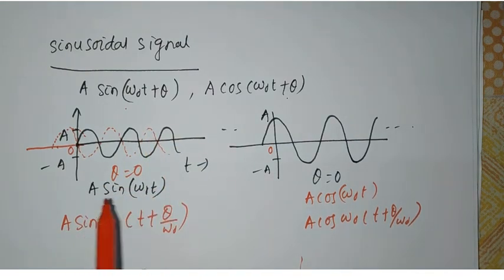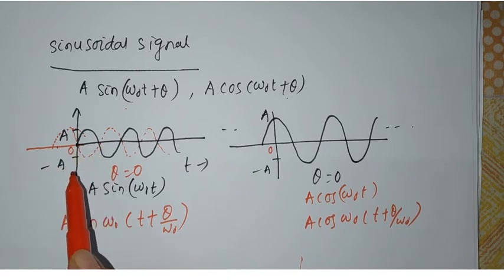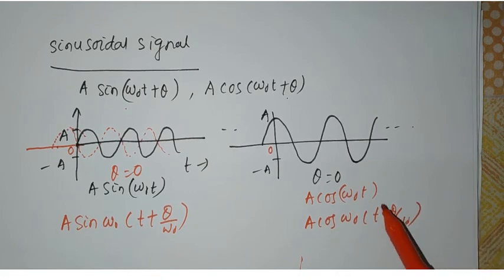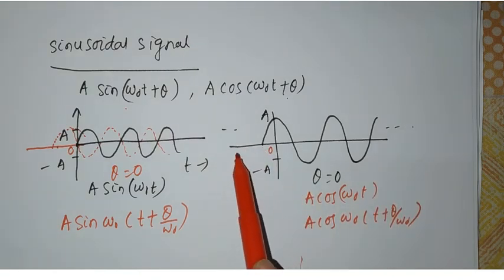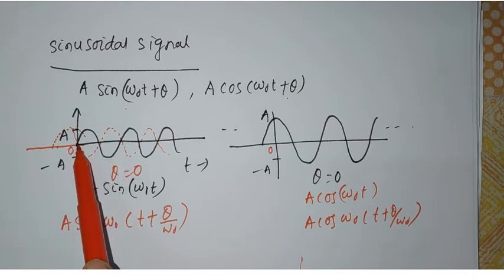Because of theta by omega 0, instead of starting from 0, it will start somewhere before, and this is the phase shift, okay. Clear? Similarly here also, when theta is not 0, it starts a little before, okay.